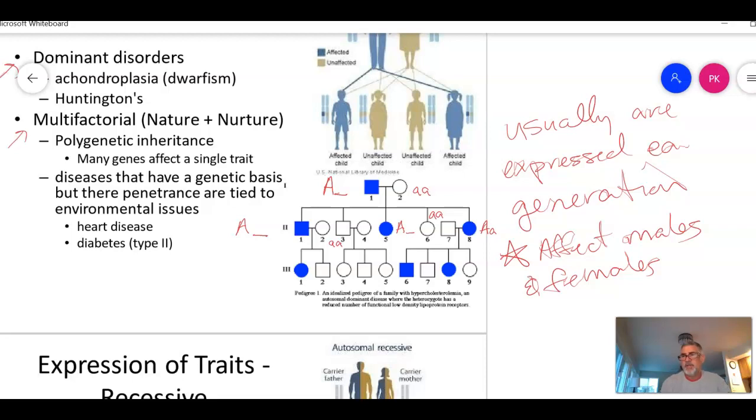If you have heart disease in your family or adult onset diabetes, you have a tendency toward that, but you can change your path somewhat based on nurture or your prevention of that disease. So we know that adult onset diabetes is tied to a lack of activity and poor dietary habits, so you can change that a little bit with activity, a non-sedentary lifestyle, and diet and exercise.